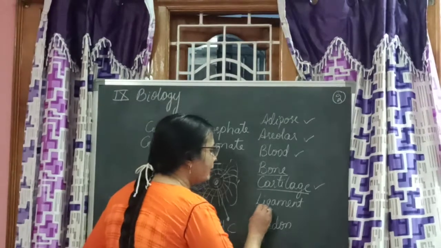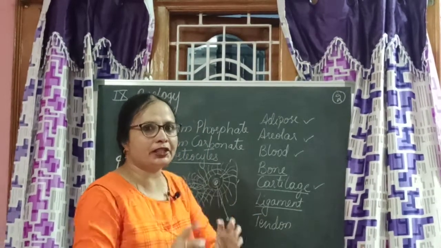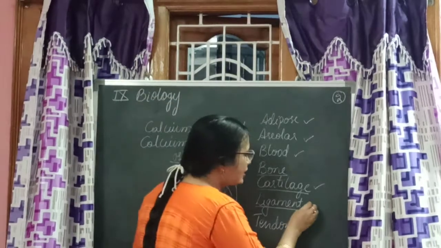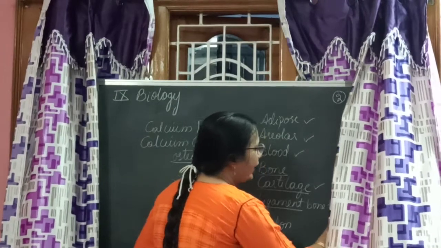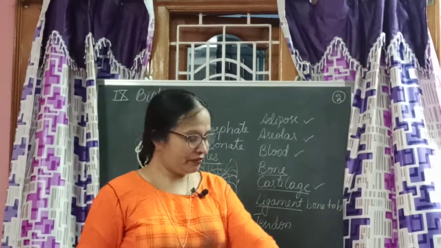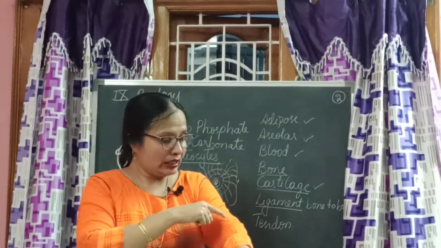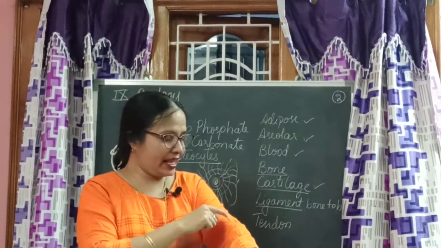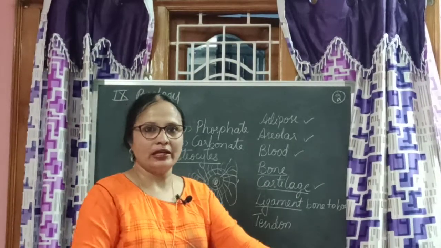Then what is ligament? Ligament is a kind of connective tissue which will connect bone to bone. Remember, children, bone to bone. So where do you get to see this? For example, you have bones here and here. These bones have to be connected, and they are connected with ligaments like a hinge.